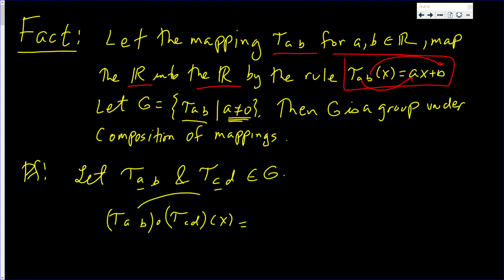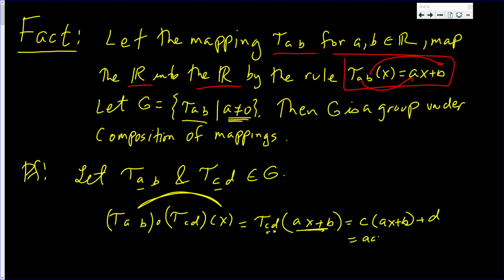Well, first you do this one, so tau of c, d on whatever this result gives you. But that gives you ax plus b. Whatever is in here gets multiplied by c, and then you add d to it. So we get c times what the argument is, plus d.